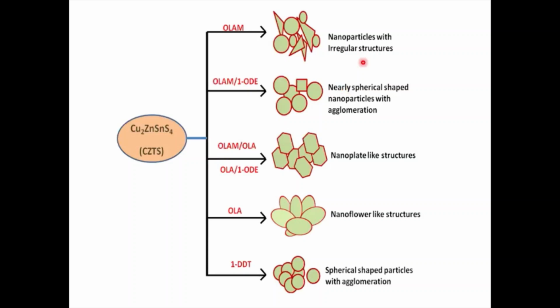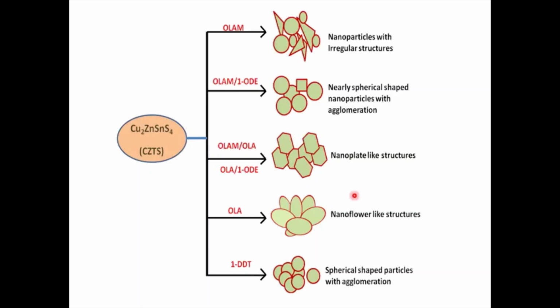With oleylamine and oleic acid, or oleic acid and 1-octadecene, you get nanoplate-like structures. With pure oleic acid, we get nanoflower-like structures with needles, mostly needles. And for 1-dodecanethiol as a pure surfactant, we get spherical particles with agglomeration.